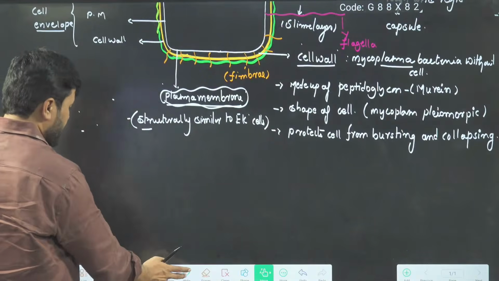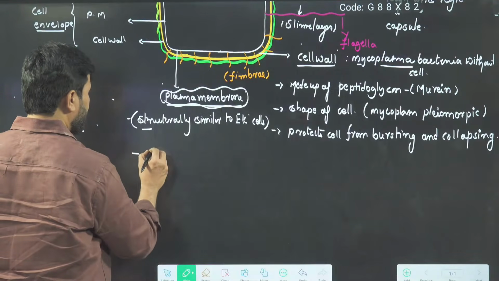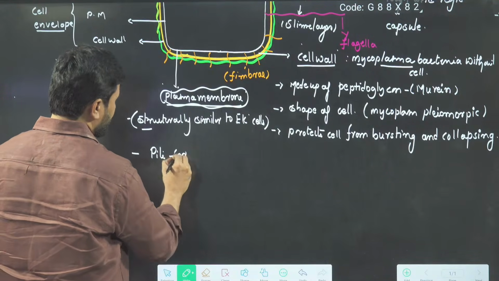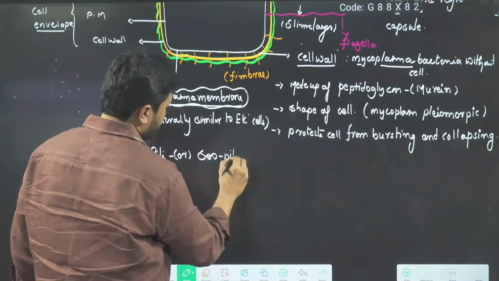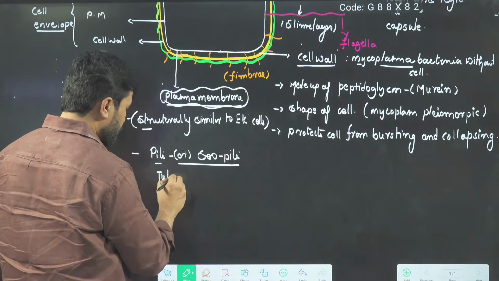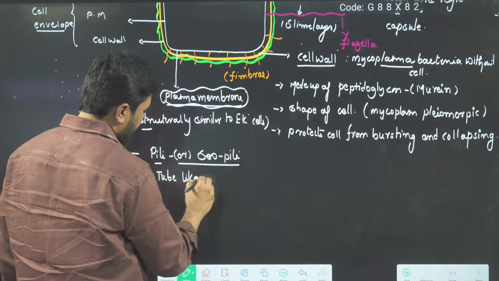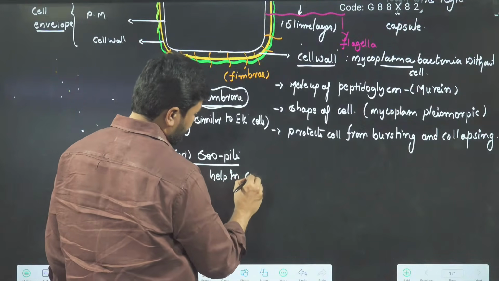First one, I will talk about pili, which is also known as sex pili. Why? This is a kind of tube or tubular structure that helps in the conjugation process.